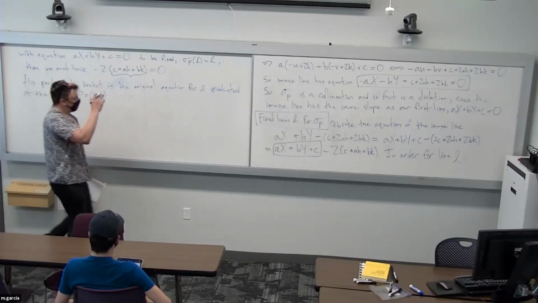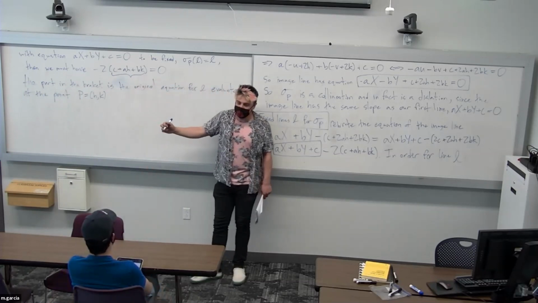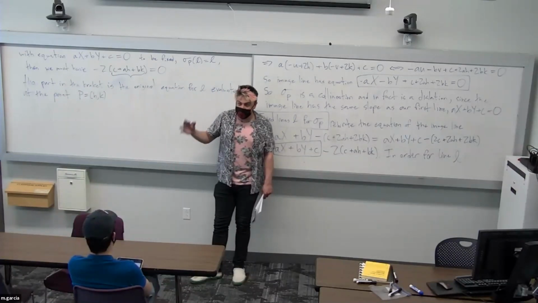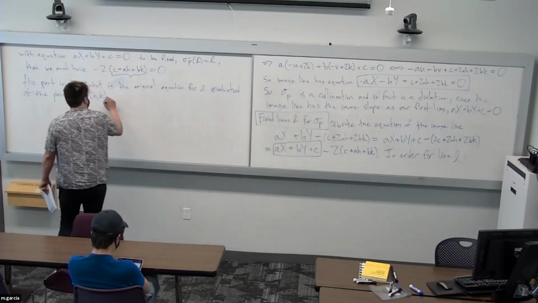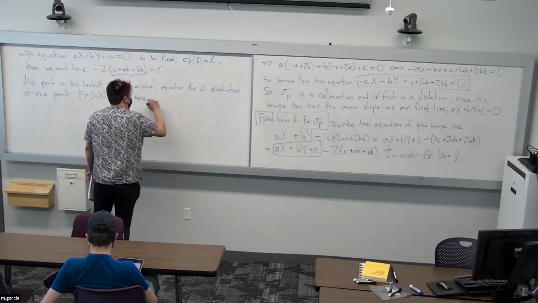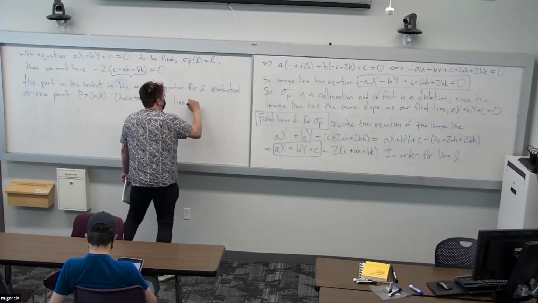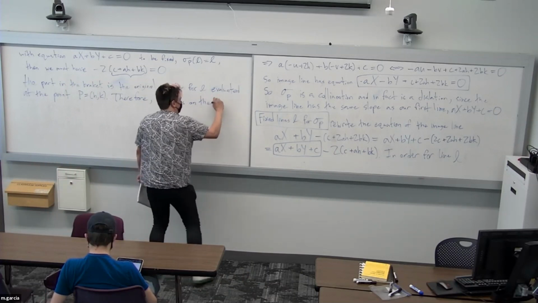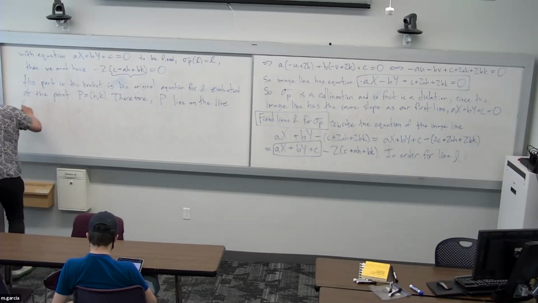So what does that mean? If I must have this be 0, I evaluated my line on that point, and it satisfies the equation. That means that P lies on L. Okay? Therefore, P lies on the line L.